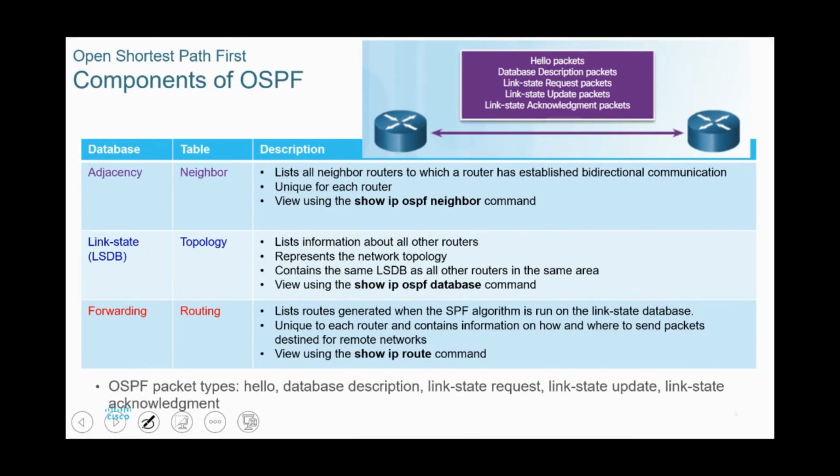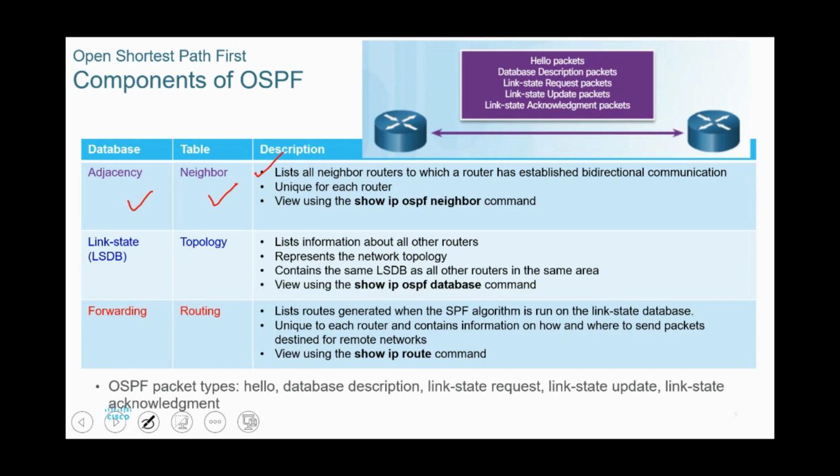Okay, what are the components of OSPF? OSPF stores a neighbor table in the adjacency database. Inside this adjacency database, it lists all the neighbor routers with which a router has established bidirectional communication.